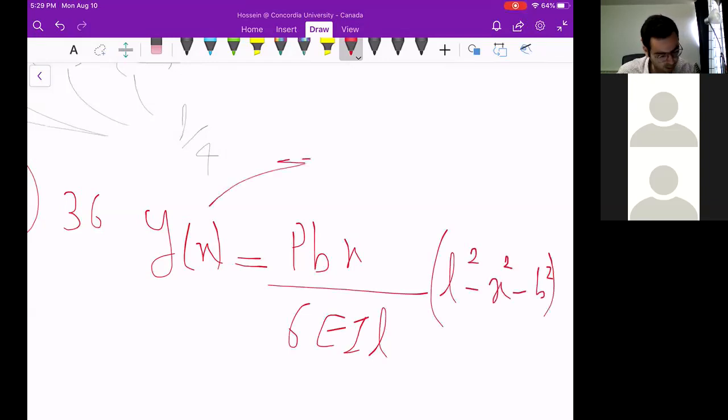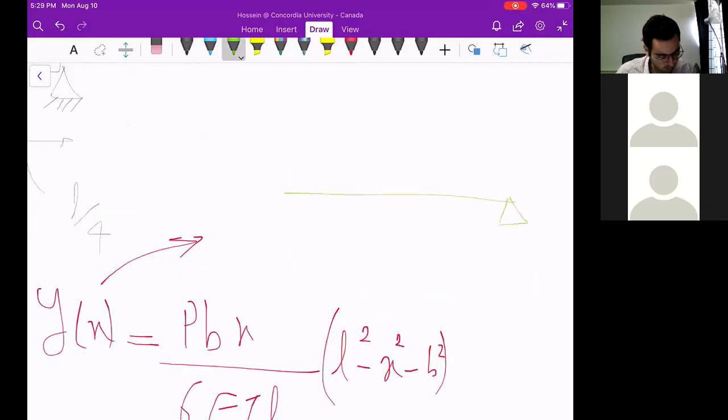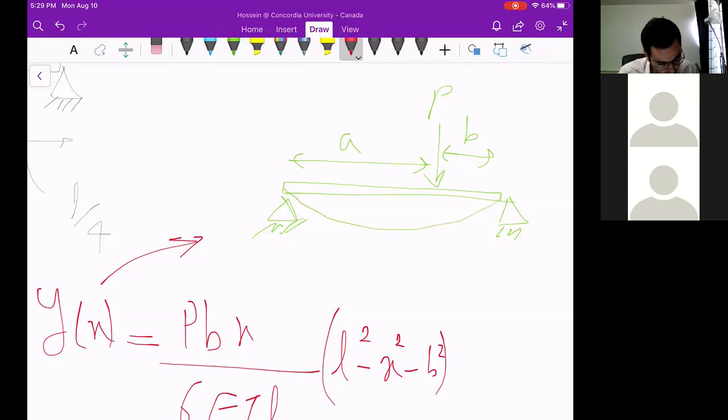This formulation corresponds to this configuration, a beam like this with these two constraints, where the point load is applied at distance b from the right side, and the deflection at any point located at x from the left side can be calculated as this.